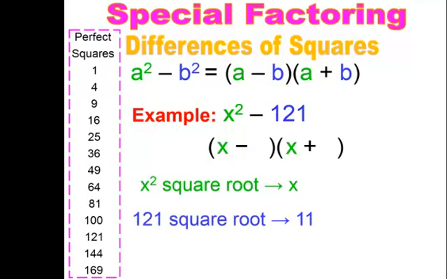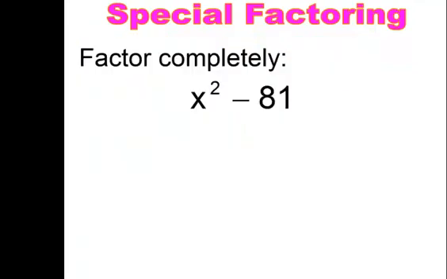And then I would put that root into the second position in the binomial. Factor the difference of two squares. It will factor into a plus minus or a minus plus. Order doesn't matter. And then the roots would go inside the binomial. That's how you factor the difference of two squares.